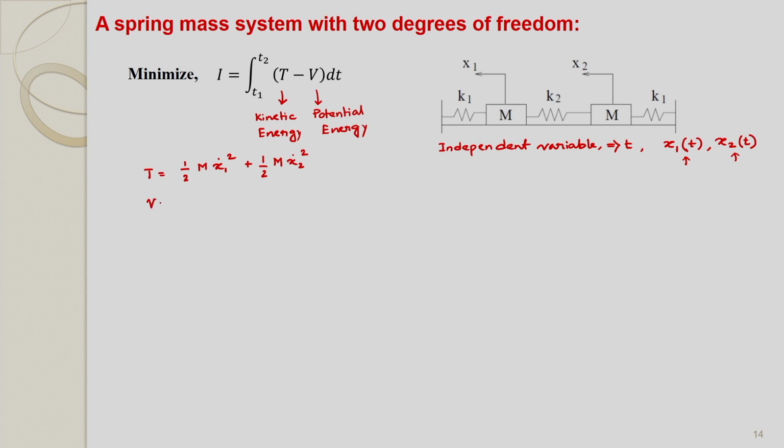Now, total potential energy for spring 1 is half k1 x1 square. Now, for spring 2, the total deformation is x1 minus x2. And for spring 3, this is the stored energy.